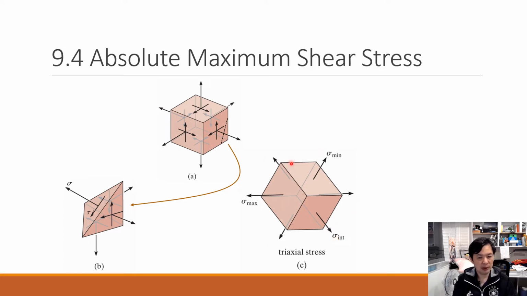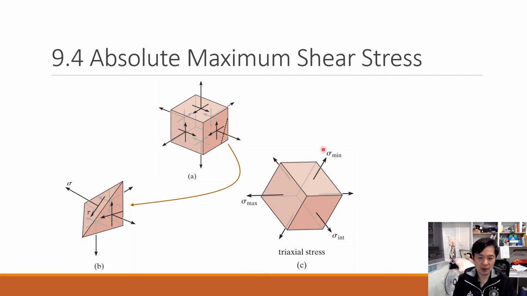And after we derive them based on our previous study, we know that if you find any principal stress and then rotate 45 degrees, you will find the corresponding maximum shear stress in that plane. So once we determine the stress state like this, we have a chance to find three maximum shear stresses, one in each plane.